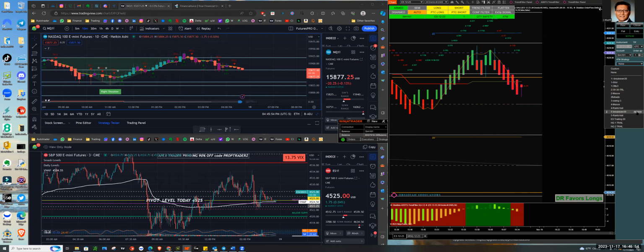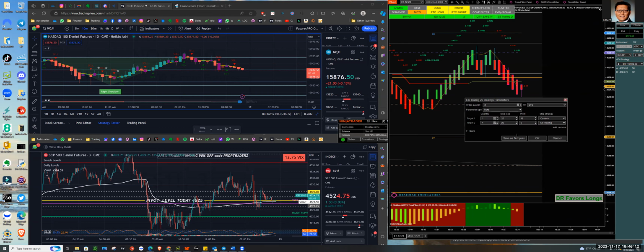Where did I do? The new setup that I started with ES actually is having 2, and the trail would be set up this way. Actually, this is off.